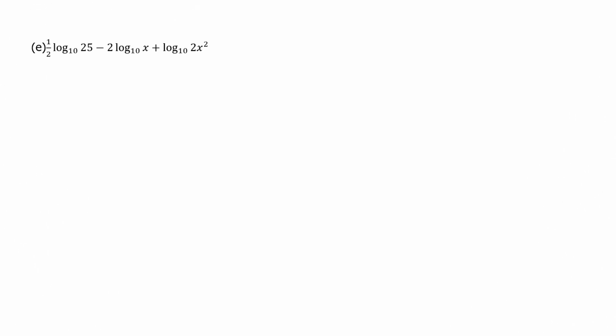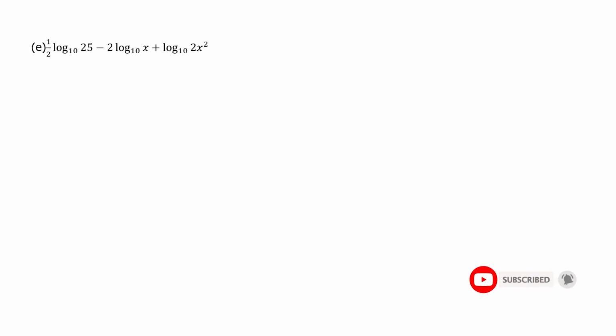When we go to part E, we are still evaluating, and what we are going to evaluate now is a half times the log of 25 base 10 minus 2 log x base 10 plus log of 2x squared base 10.